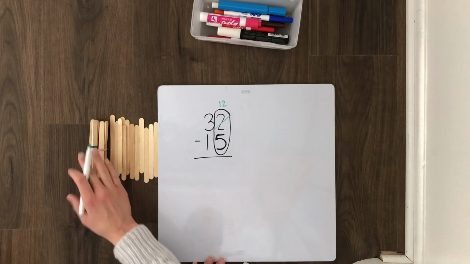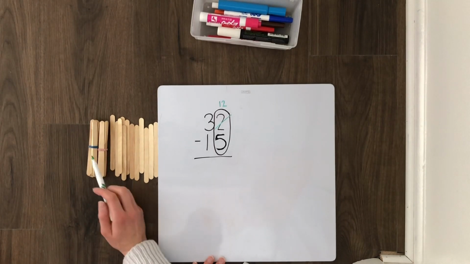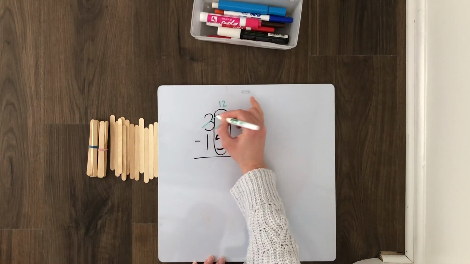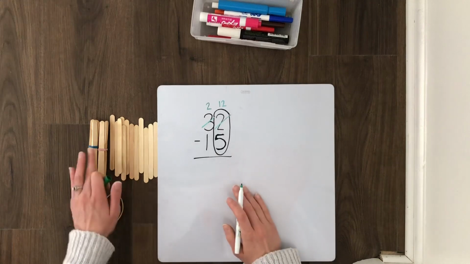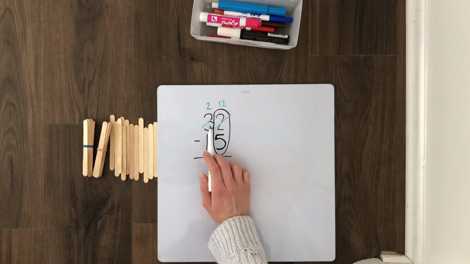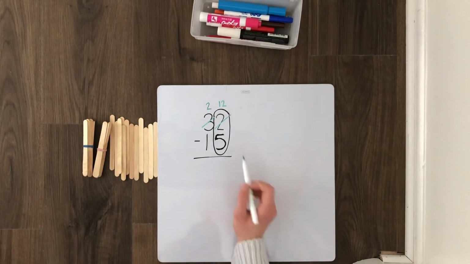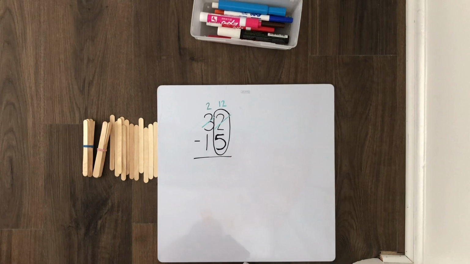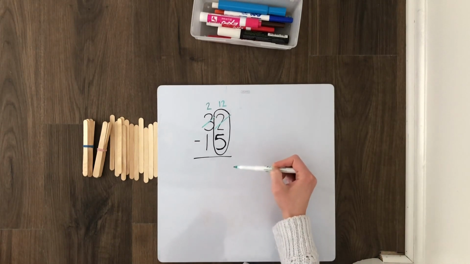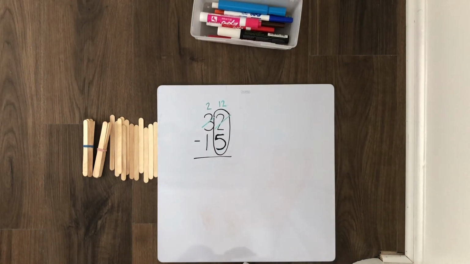And how many groups of 10 do we have? We no longer have 3 groups of 10, we have 2 groups of 10, because remember, we took a group of 10, regrouped it, and put it over here. So now we can finish our subtraction problem. We have to subtract, still in the ones column, 12 minus 5.